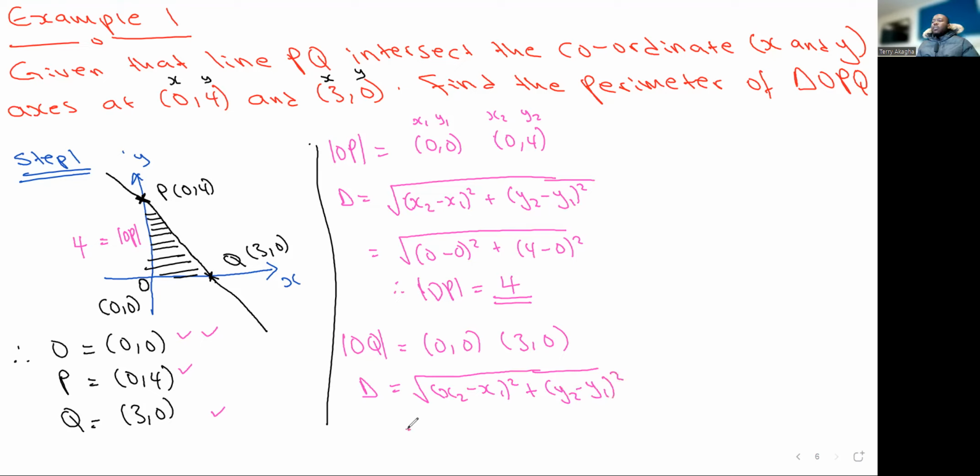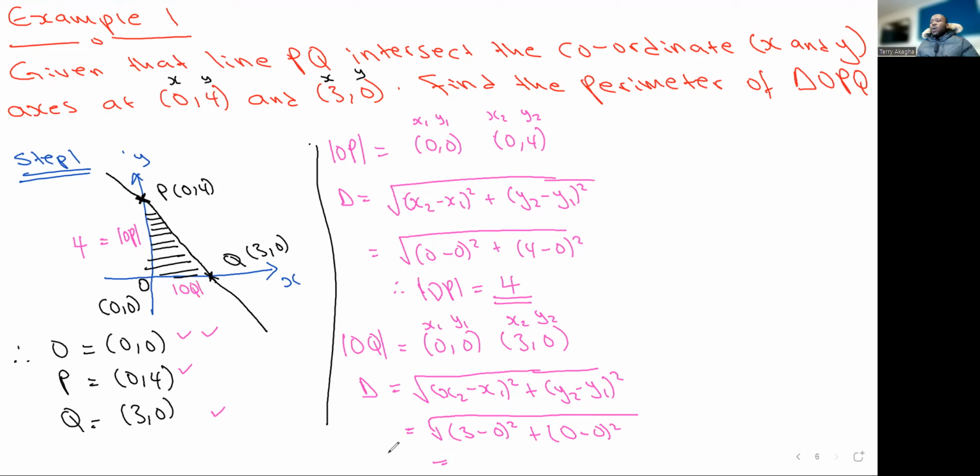This is our x1, this is our y1, this is our x2, this is our y2. And that will give us the square root of 3 minus 0 squared plus 0 minus 0 squared, which is the OQ.